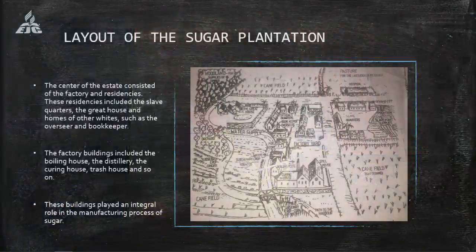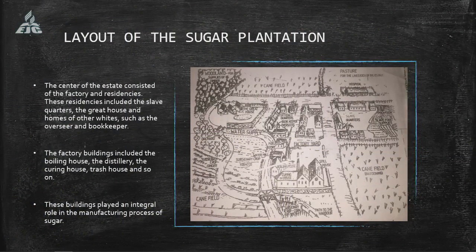So, as we do an overview, we see where we have the cane fields. They take up most of the land area on the estate. We have the pasture for livestock. We have the quarters for the overseers and the bookkeepers.